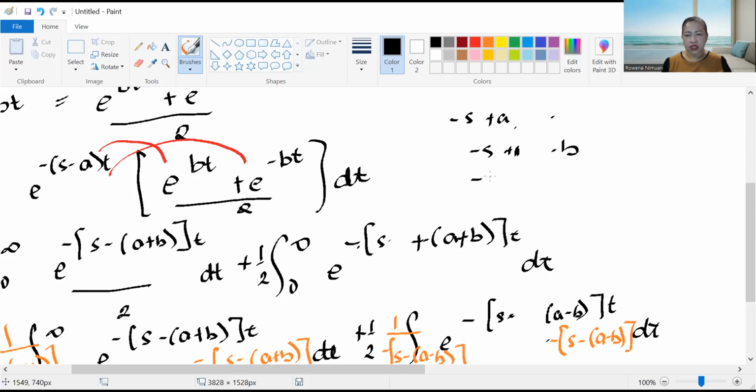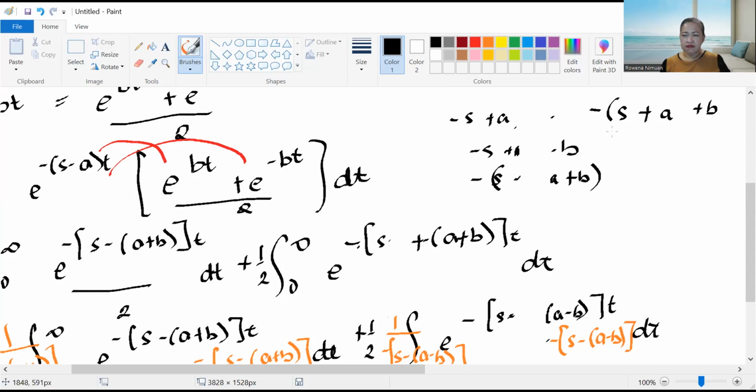Then if I take out negative s, this becomes negative a minus b. So negative s plus a plus b.